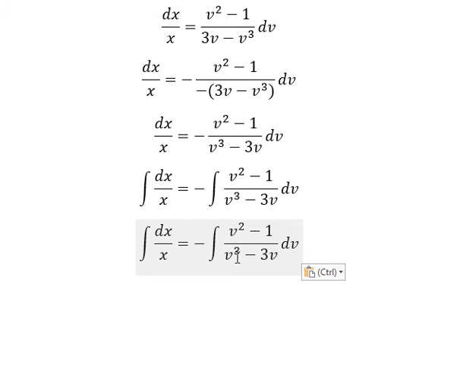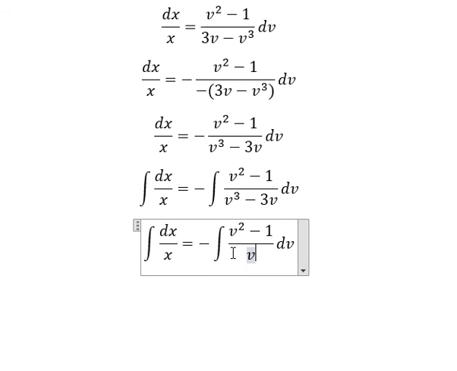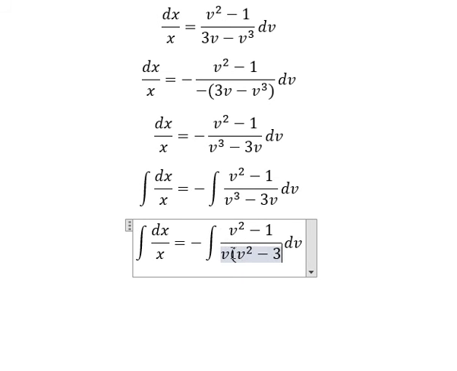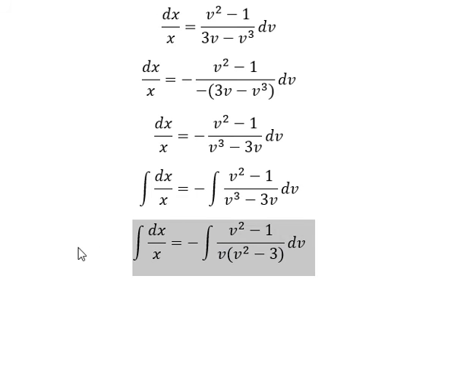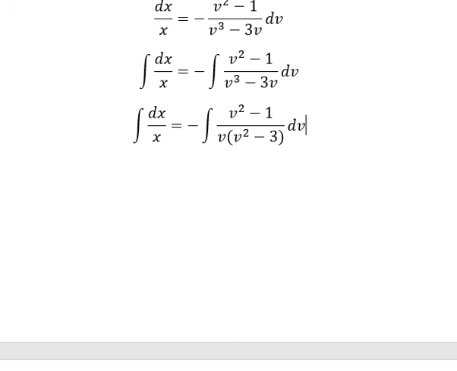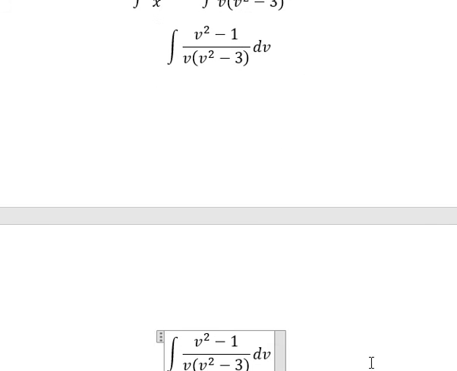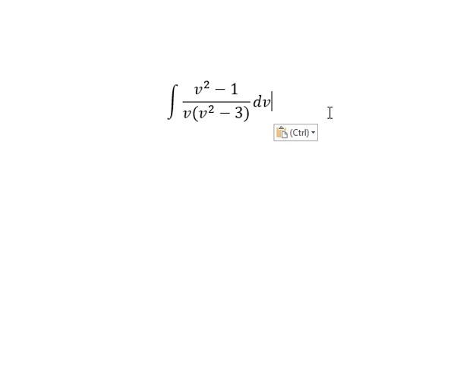So v and v to the power of 3, we can do another factorization. So I will concentrate on this one only. For this one, we can do partial fractions.